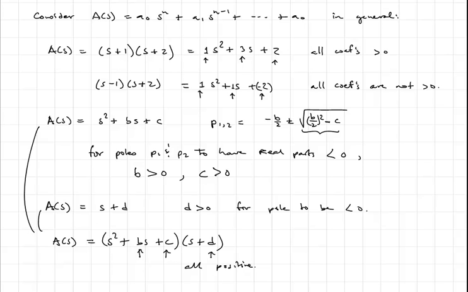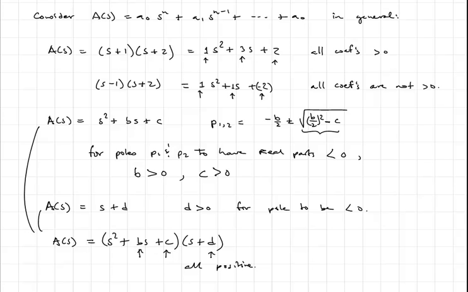So the conclusion that we draw once we realize that any polynomial, regardless of its order, is ultimately factorable into complex conjugate pair terms, which is what we have here, this first one, or just simple root terms.